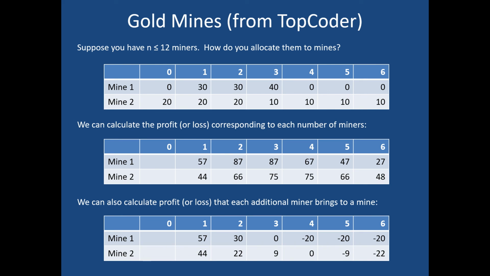Now what if we change the problem so that there are more than 6 deposits? Suppose there could be 1,000 deposits. Would this same approach still work? Sure. What if there's more than 2 mines? What if there could be 10,000 mines? Yeah, that would still work.